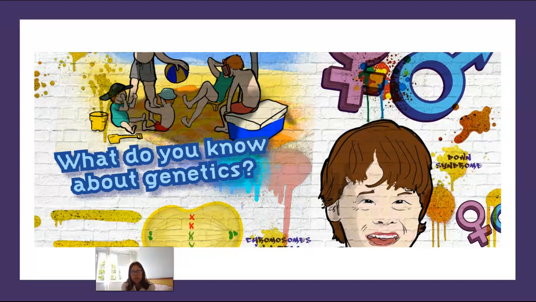So now that you've done that, we're looking at DNA, which is the building blocks of who we are. What do you know about genetics? So obviously there's a combination between the two there, and it's okay if you don't know much. You might know a little bit. You might know the name of some diseases that may be genetic diseases.